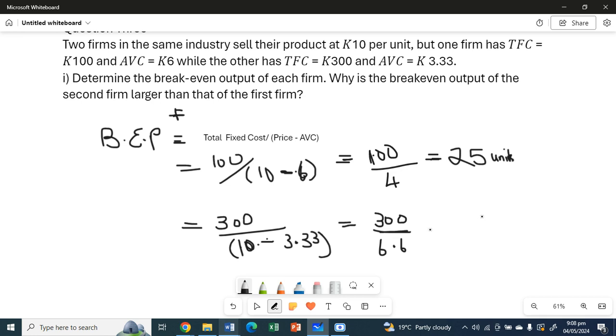So now the question is asking us, why is the break-even point for the second firm larger than for the first firm? Let me show you the relationship that exists in this equation.